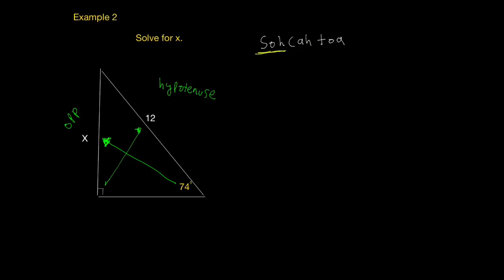So here I'm going to apply sine of my angle of reference. Here it's not theta, it's 74 degrees. So sine of 74 degrees is going to equal the ratio of opposite over hypotenuse. My opposite side is x, my hypotenuse is 12, so we get x over 12.